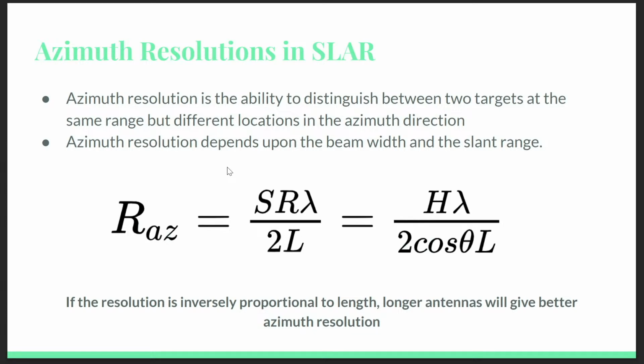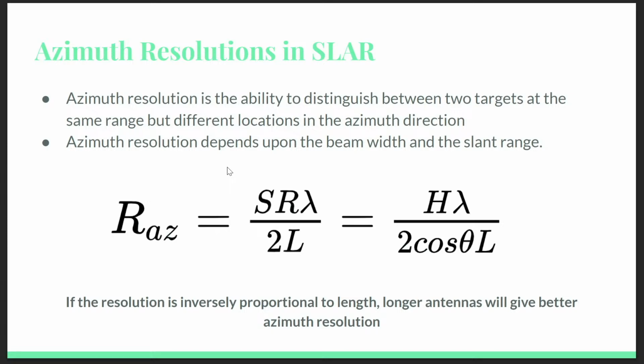Now suppose you are having, say, a slant range of how many kilometers will be there? 800 kilometers, 1000 kilometers, or it can be even higher. Maybe even 10 to the power 4 kilometers, and lambda will be in the range of 10 to the power minus 2 or so, right, because it's the wavelength associated with it.